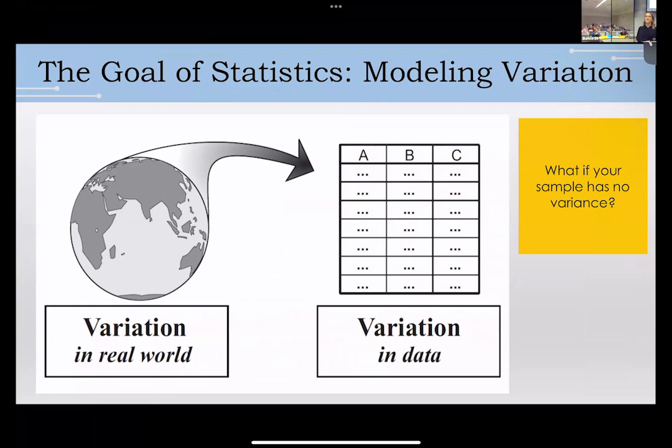But yes, in that case, people would still change to different degrees from their pre-scores. Everyone might be cured, but you would have variance in the change. And that's actually what we look at when we look at pre-post. We don't look at post, we look at the distribution of change.